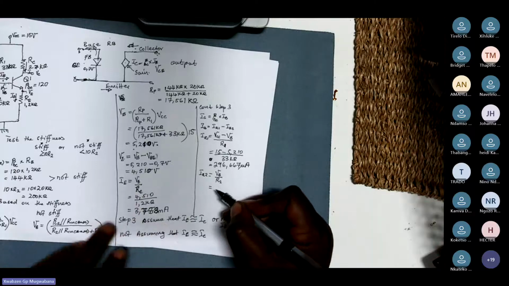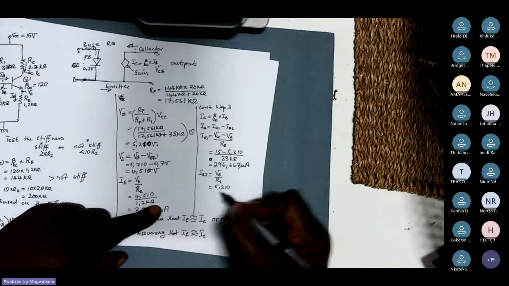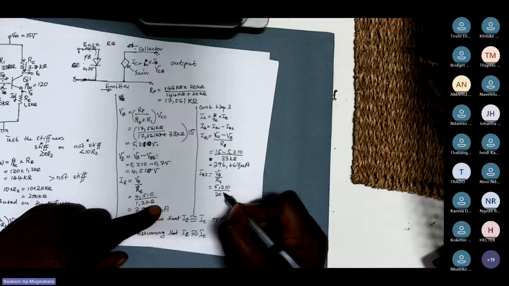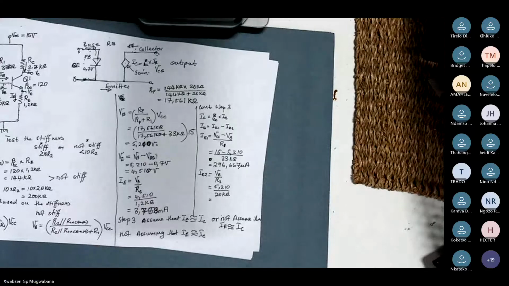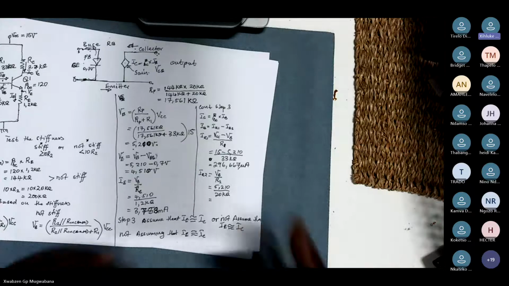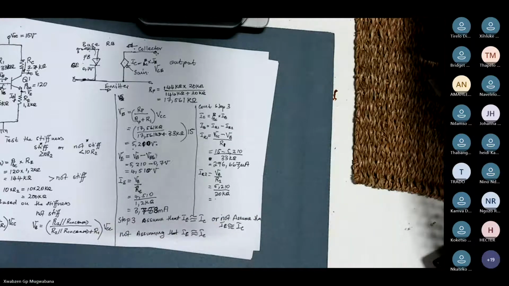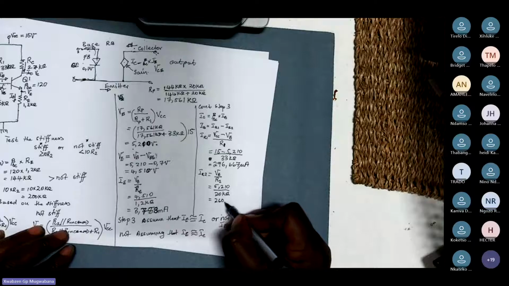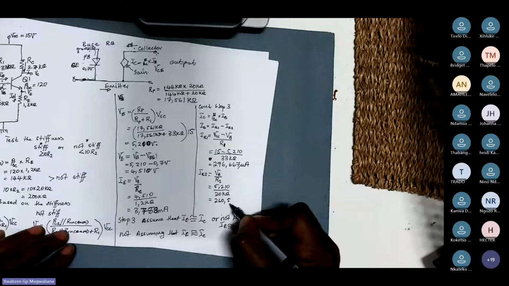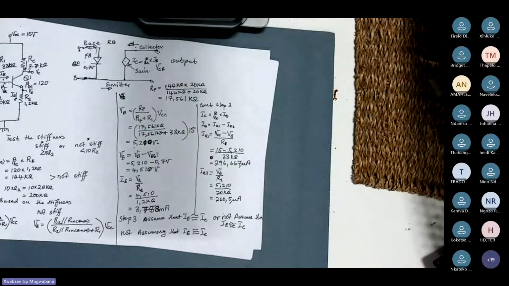In this case, my VB was 5,210 divided by 20 kilo ohms, which gives me 260,5 microamps. That is my IR2.